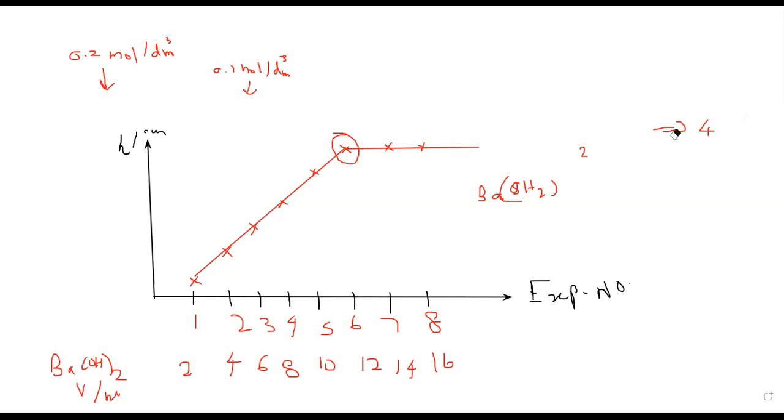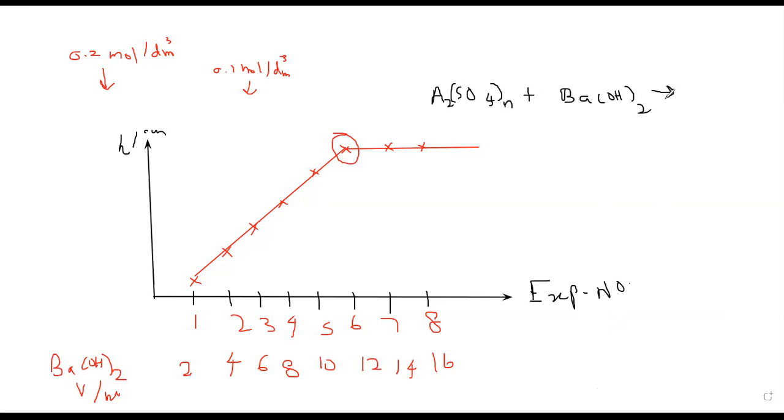Here, A2SO4N plus barium hydroxide, Ba(OH)2.